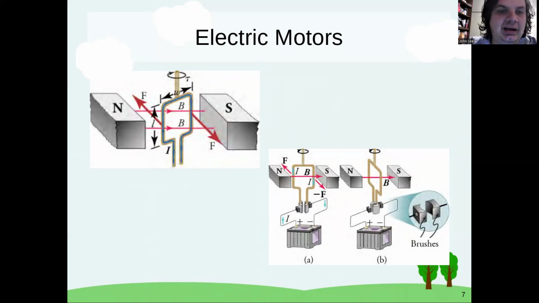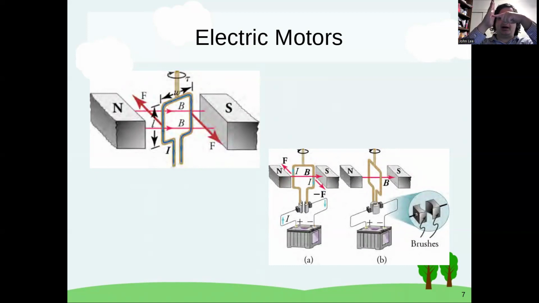So as the loop rotates, that changes the area that's pointing towards the magnetic field.